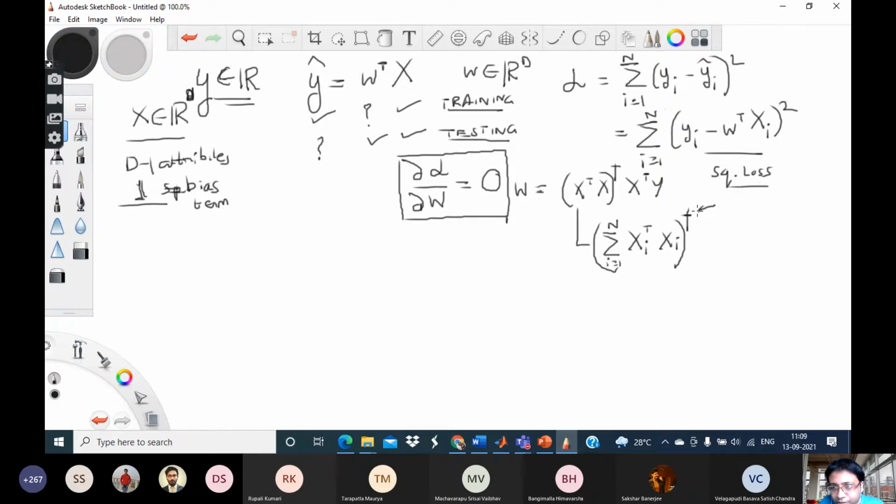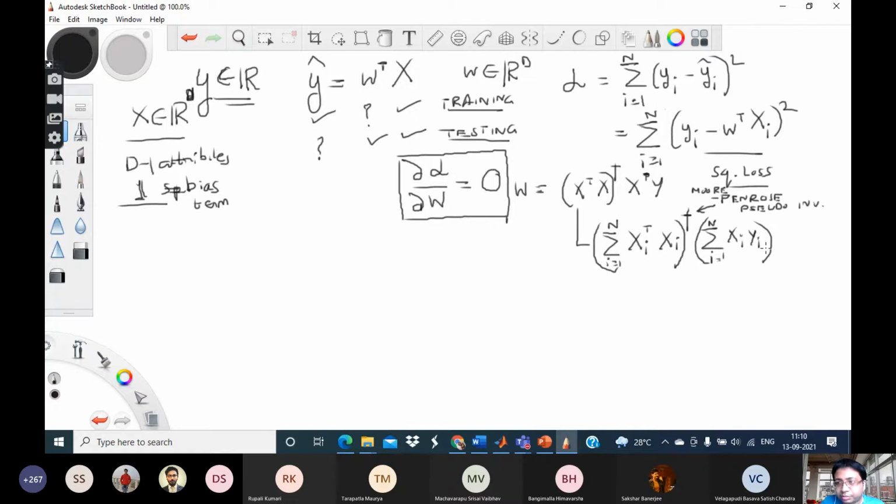This is what is called the pseudo inverse, or actually the Moore-Penrose pseudo inverse. And we don't need transpose here. Sorry, i equal to 1 through m.